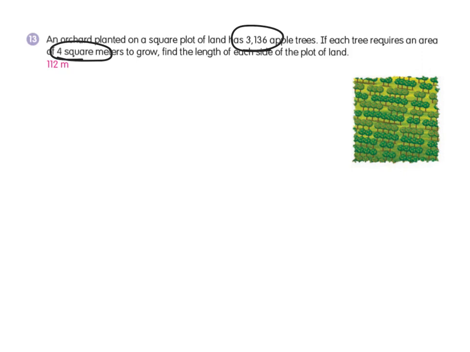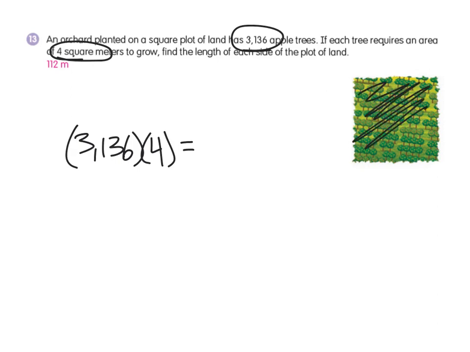To get that, we would need to multiply 3,136 times 4, and that would give us the total area of this entire plot of land. And that area is 12,544. That's the area of the plot of land.